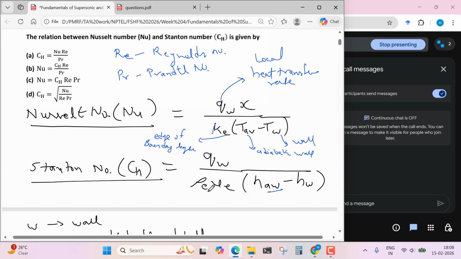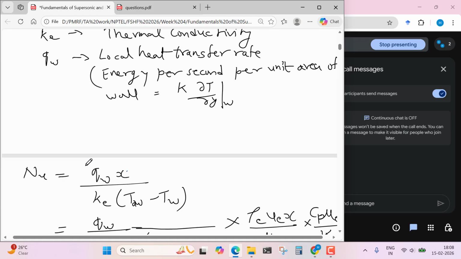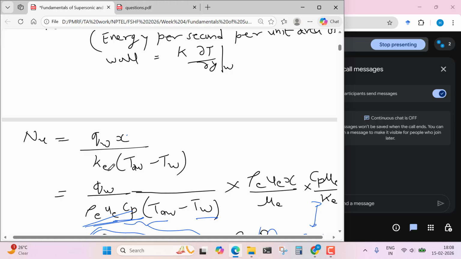So how to find the relation? We will take one number. Let's say we are taking Nusselt number first. So Nusselt number is given by Qw x upon Ke (Taw minus Tw).